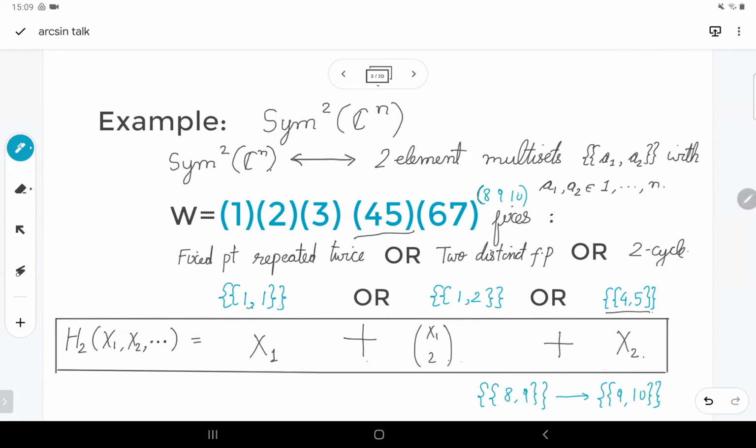And this polynomial itself is claimed to be the character polynomial. Yes, because if you evaluate it for all n past some initial value, I think probably 2. I think 2 is probably the initial value here. So for all n greater than or equal to 2, if you evaluate this polynomial on any permutation, you get the character of Sym^2 C^n on that permutation.